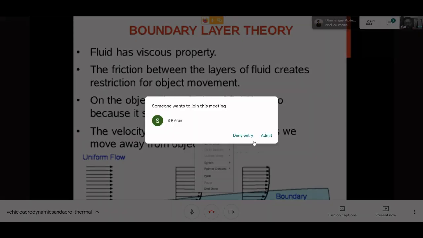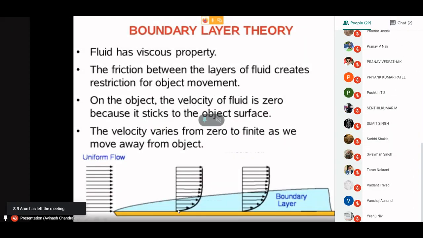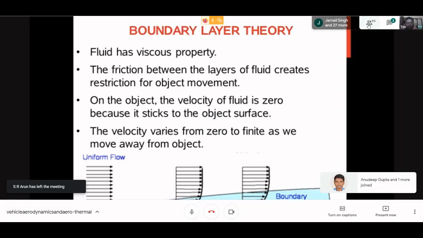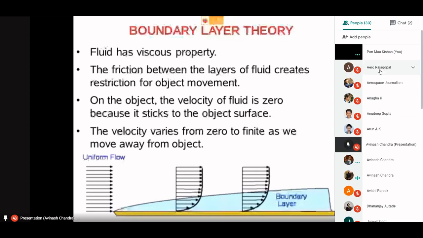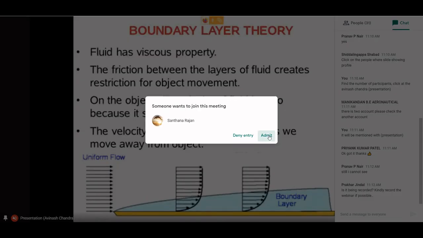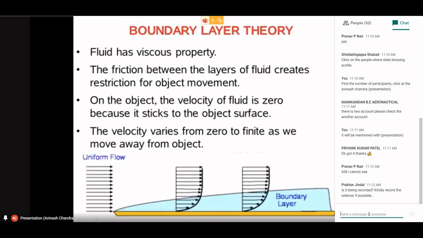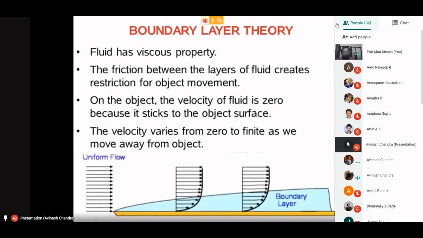When the fluid interacts with the body, the first layer will stick on the body, so it will have zero velocity because it is sticking on the surface of the object. You can see this yellow strip at the bottom of this figure. We can assume it as a flat plate, and the flow is coming from the left-hand side. When it interacts, you can see here it started interacting here. So the first layer of the fluid will have zero velocity because of friction.